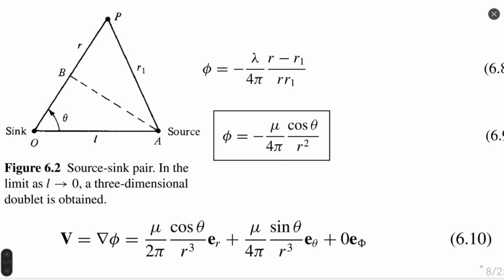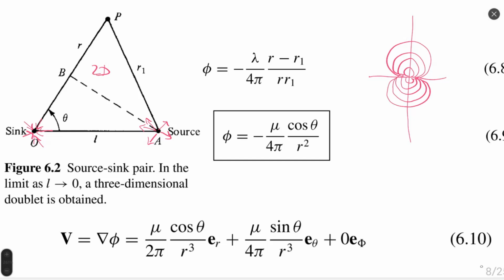For example, for 2D, we had a source at point A and a sink at point O. So flow which goes from point A is consumed by point O, and the flow goes similar to how we describe magnetic lines. Yeah, magnetic field. Very similar to a magnetic field.